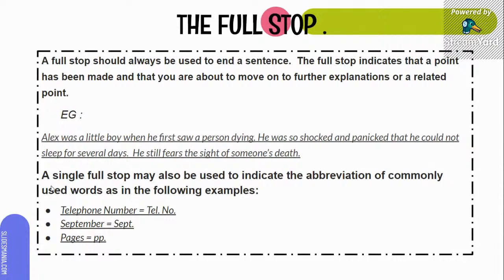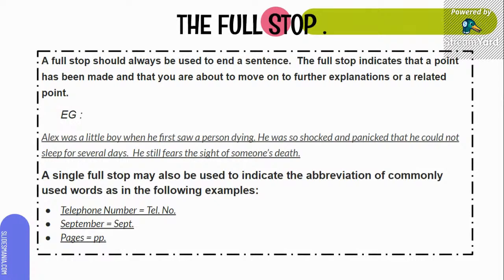The second condition where full stops will be used is that a single full stop may also be used to indicate the abbreviation of commonly used words, as in the following example. When we are trying to use short forms of a set of words, we put a full stop to indicate that it's a short form. For example, telephone number.